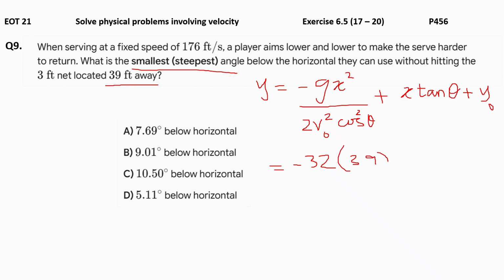Let's plug in these values for the variables. Divided by 2. V naught is mentioned as 176, so 176 square. Theta is what you're asked to find, isn't it? So let it be cos square theta.